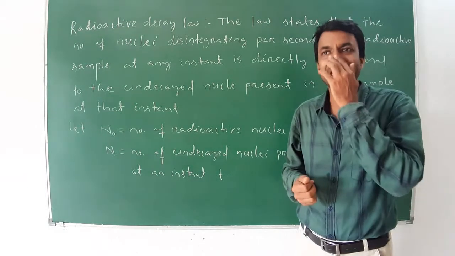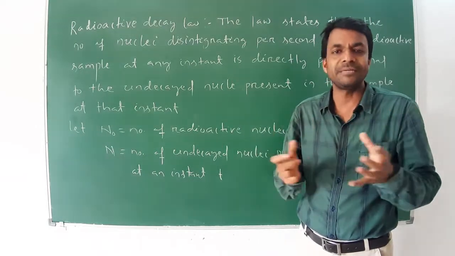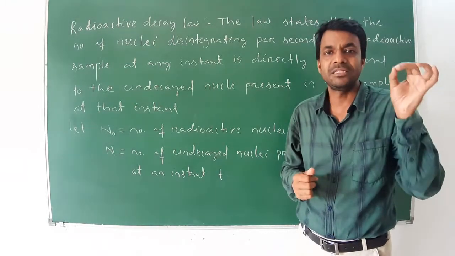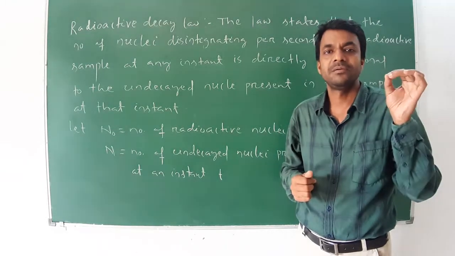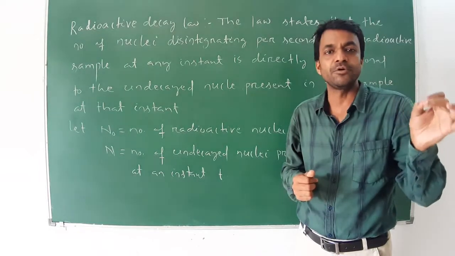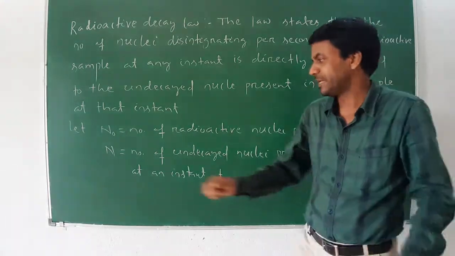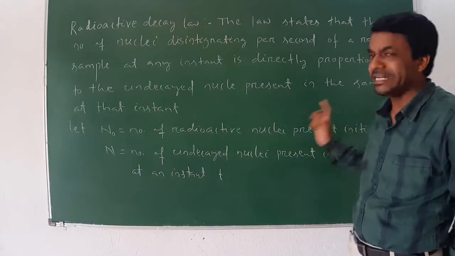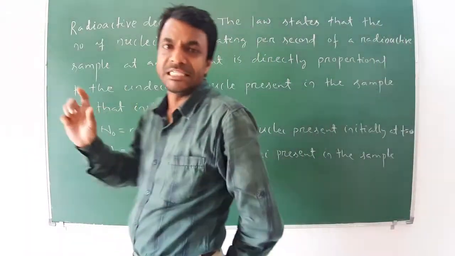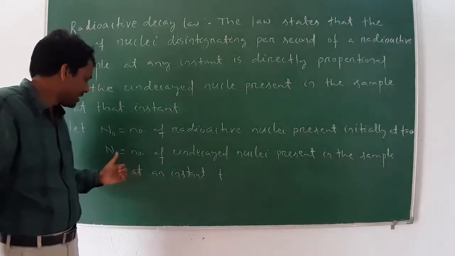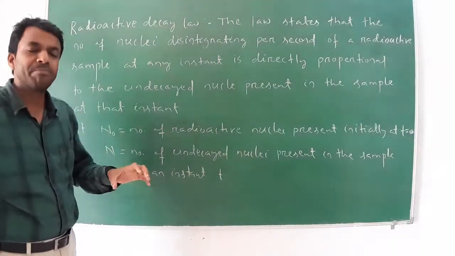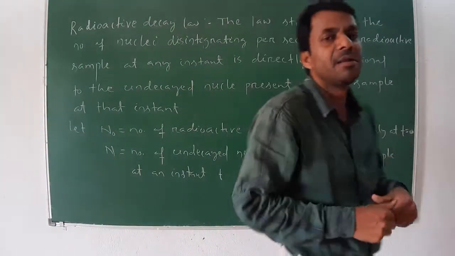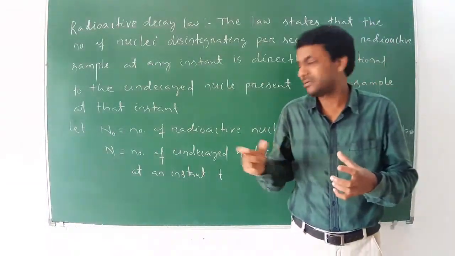Let in a radioactive sample there be initially present N0 radioactive nuclei, that is, the number of radioactive nuclei present initially at t equal to 0. And N is taken as the number of undecayed nuclei present in the sample at any instant t.